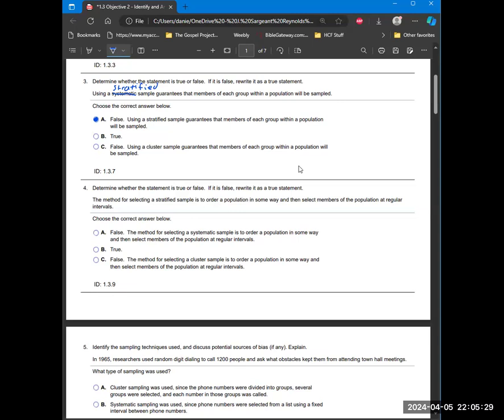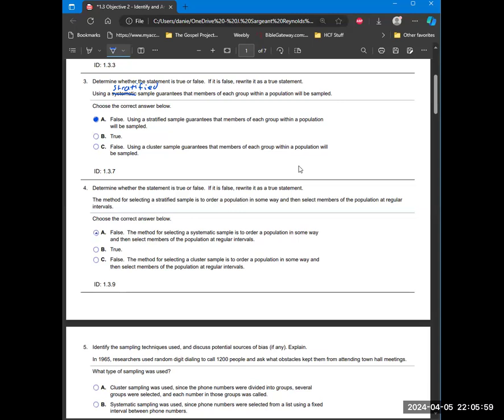Four, determine whether the statement is true or false. If it's false, rewrite it as a true statement. The method for selecting a stratified sample is to order a population in some way and then select members of the population at regular intervals. No, the method for selecting a systematic sample is to order the population in some way and then select members of the population at regular intervals.